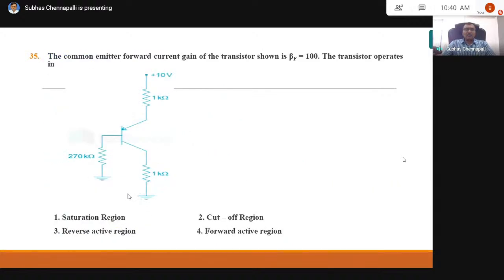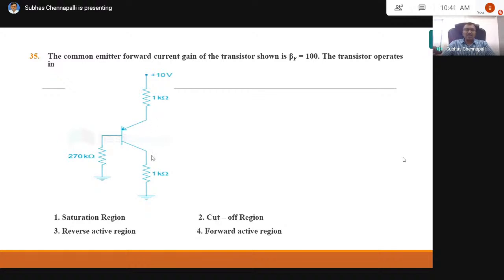Now, this is one common emitter. Now, the forward current gain of the transistor shown, the beta, is 100. The transistor operates in which region? Is it in the active region or saturation region or cutoff region? If it is in saturation region, the voltage between C and E will be something like 0.2 for a silicon transistor.